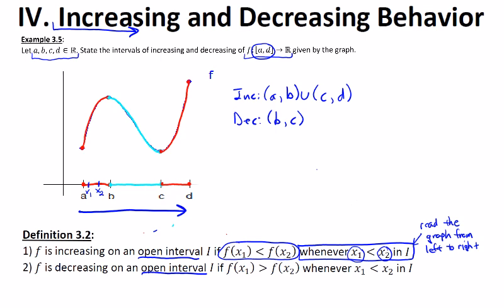And then watch what I do with x1 and x2. I'm going to take x1 and carry it up to the curve, and mark a point, and then I'll go over horizontally to the vertical axis, and that's going to show me the location of f of x1. And then I can do the same thing with x2. I'll carry it up to the curve, and then horizontally over to the vertical axis, and that's going to show me the location of f of x2.